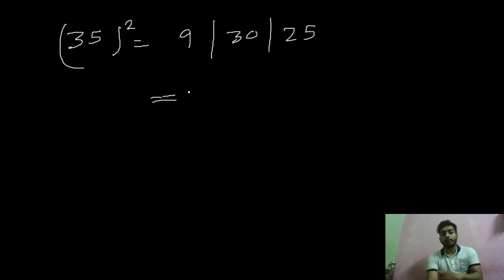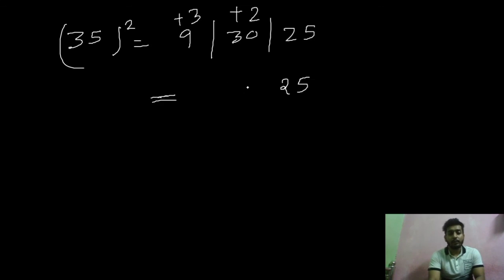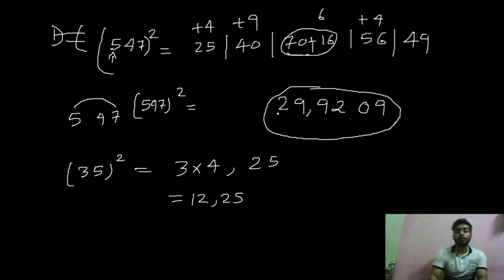Write it from left. So from left, the first digit will be 5, then 2 will be carried here, that will be 32. So 2, now 3 will be carried here, so 9 plus 3 will be 12. 1225 is the square of 35. So we can verify the result.